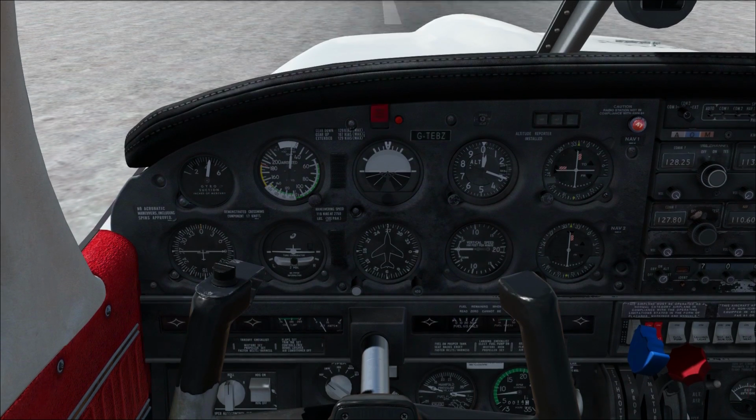The cosine of 32 is 0.84, and then we multiply that by 16, and we'll see that it's about 0.8 of what we have, which means that we've got a crosswind of 13.5 knots. 13.5 knots is our crosswind component.